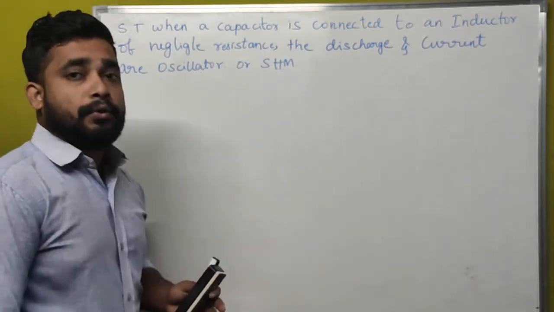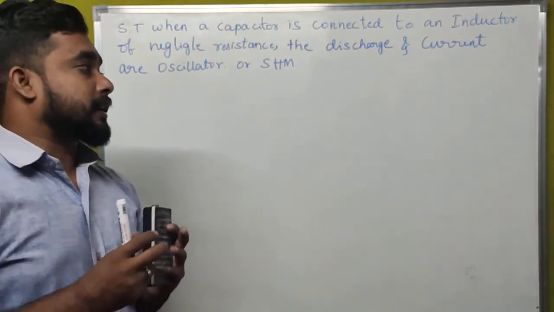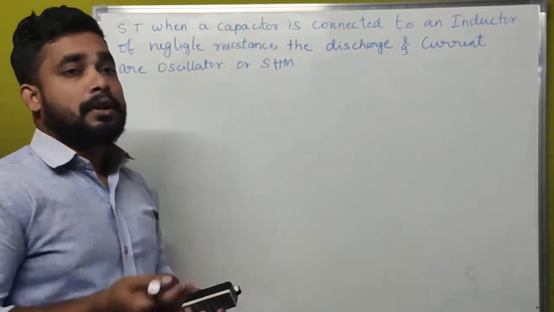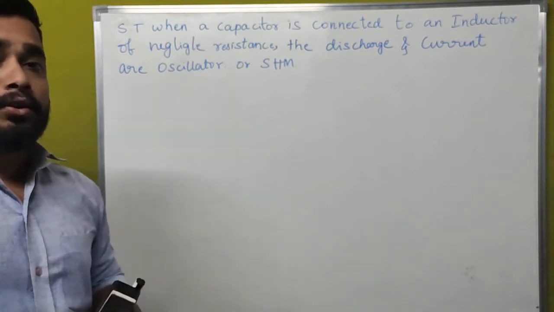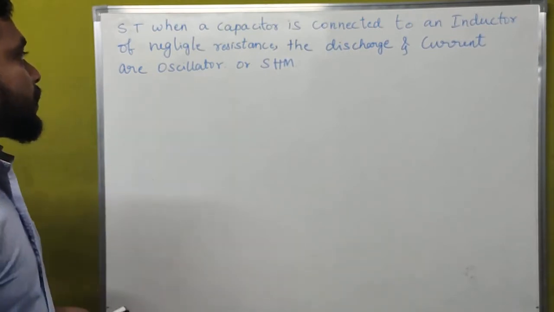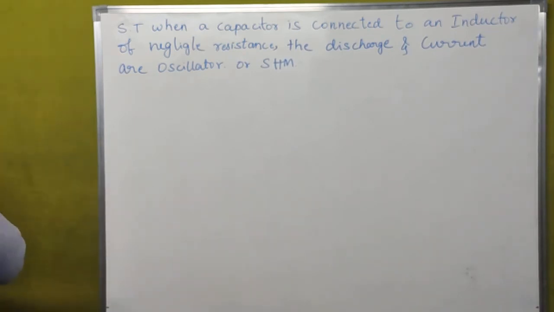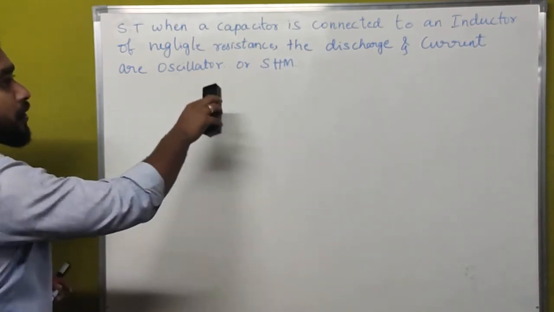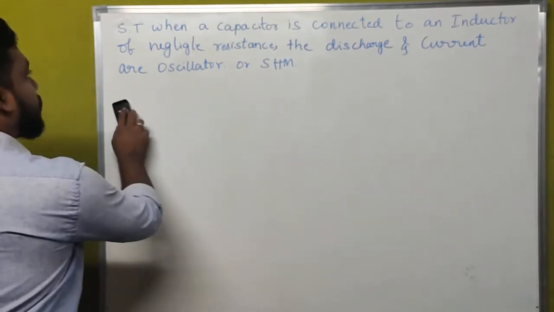For that, we have to consider a circuit diagram consisting of a capacitor and an inductor. In our yesterday's class, we saw how to connect the capacitor across an inductor. Right now we are going to do that. I'm going to rub this out, then only I'll get more space to derive the expressions.